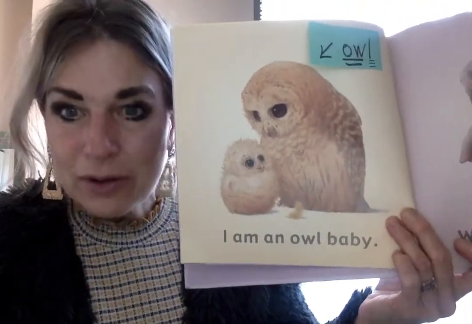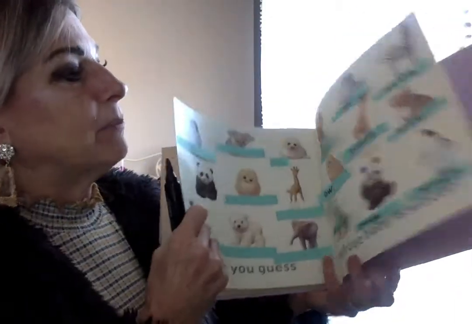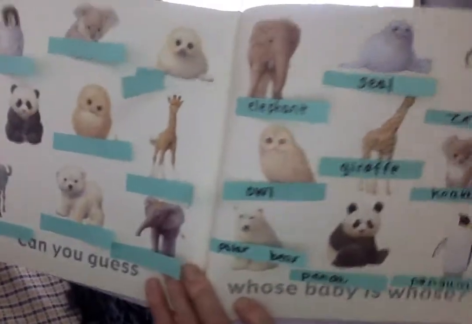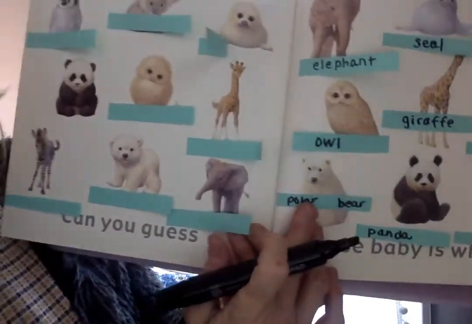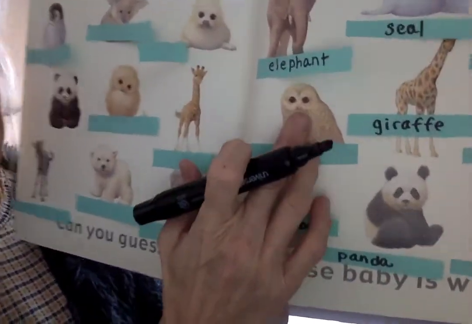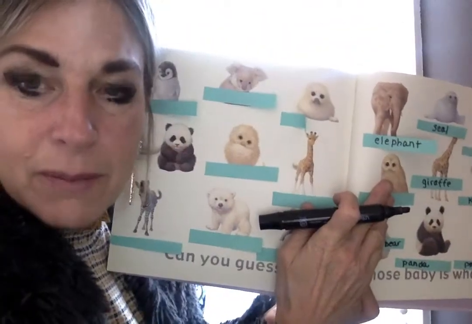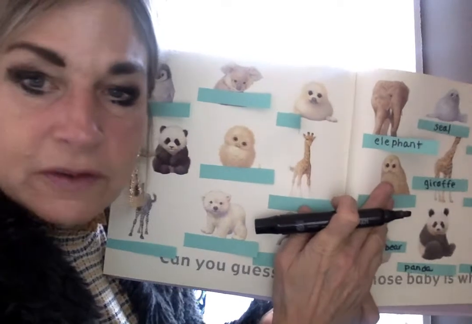What is this, boys and girls? It's an owl. Owl. So I'm going to go to the back of my book and I'm going to find that picture of that mother owl. Do you see it right there? Right here. There she is. So I'm going to get my mouth ready to hear what I hear first and last.